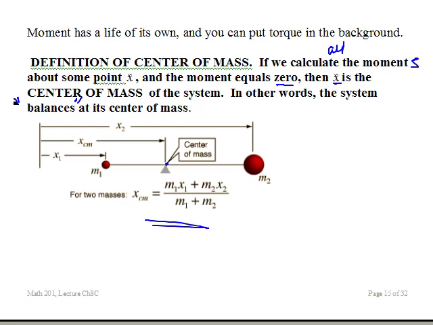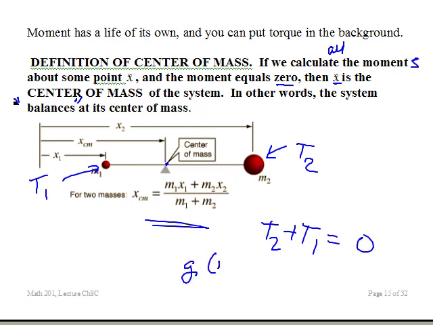So if this is the center of mass, then the torque provided by this weight, so let's say torque 2, and here is torque 1, torque 2 plus torque 1 equals 0. But since I'm factoring out the g, which is constant to both, I will just have m1 x1 plus m2 x2 equals 0, and of course I can forget about the acceleration due to gravity.